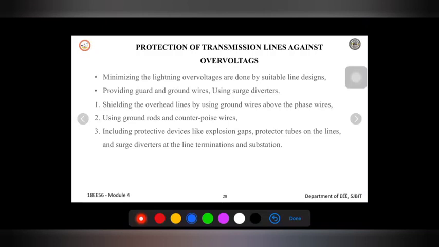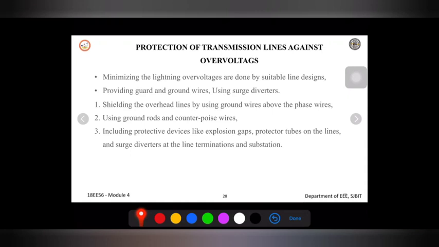If a proper line design is done, then I can minimize these lightning surges or switching surges by providing a guard or ground wire, or using surge diverters. I can make use of any of these, and these protections are basically done using this method.